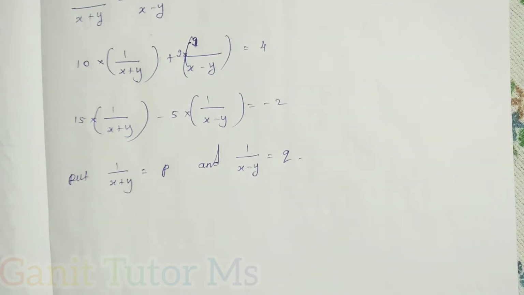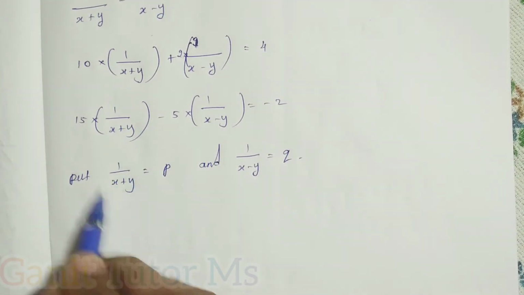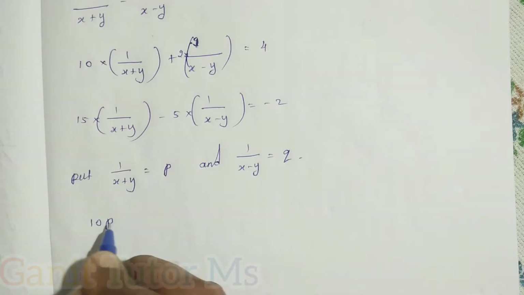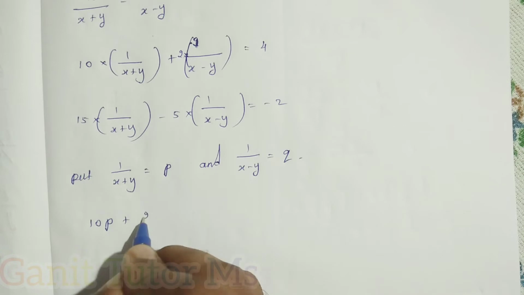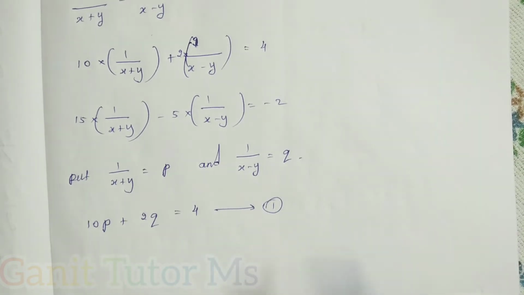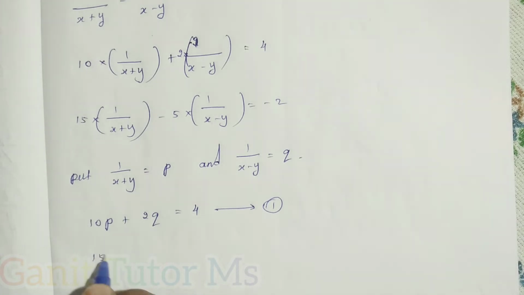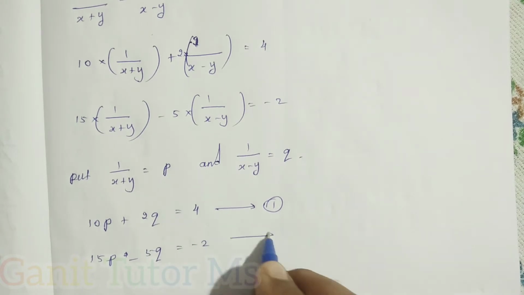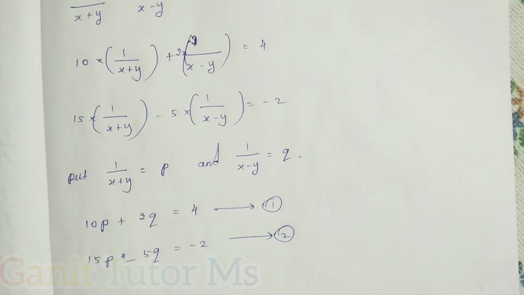Then the equations become: 10 into p, that is 10p plus 2q equal to 4, equation number 1. Second equation: 15p minus 5q equal to minus 2, equation number 2. Now we can solve this pair of linear equations by any algebraic method.